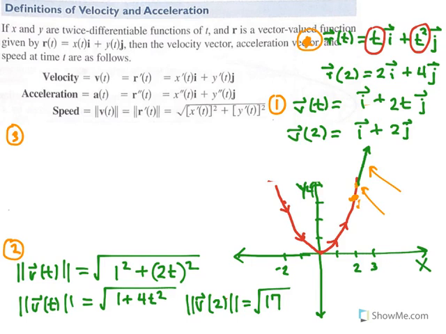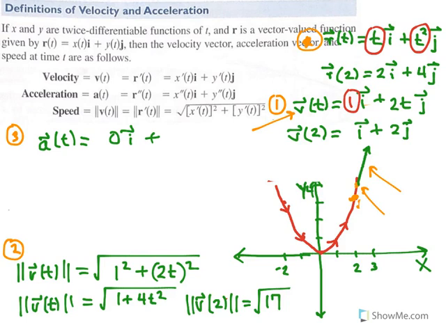Now we'd like to take a look at how to find the acceleration vector, and it is the derivative of the velocity vector, and the velocity vector is right here. So to find the acceleration vector, all you're going to do is the following. Take the derivative of the horizontal component of the velocity function. The derivative of the constant 1 with respect to t is 0, so you get 0i.